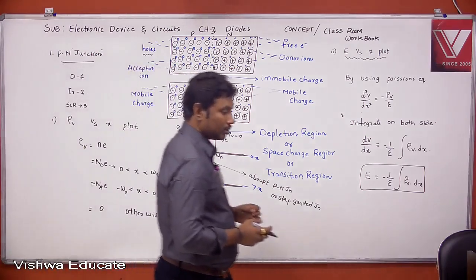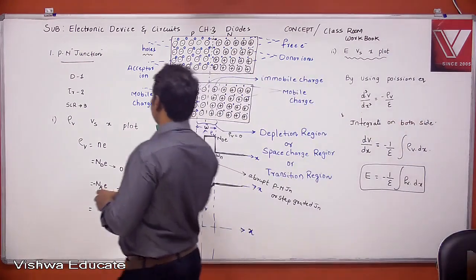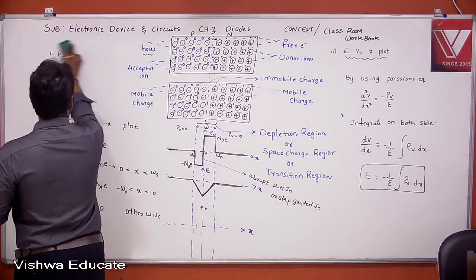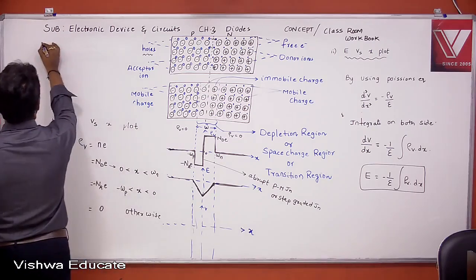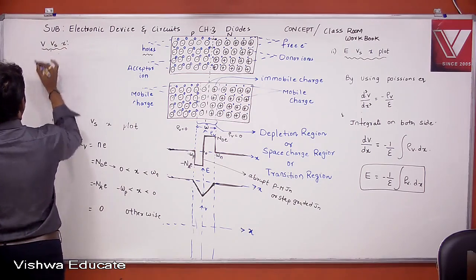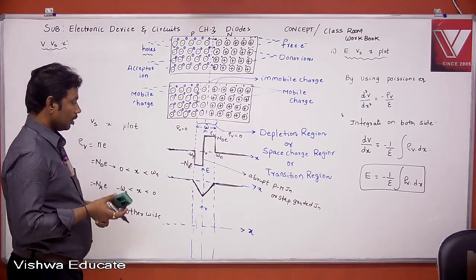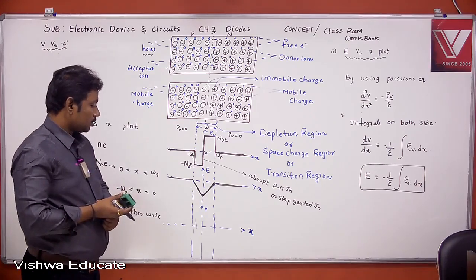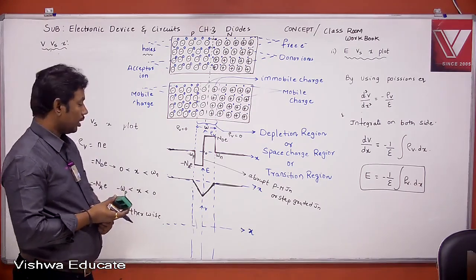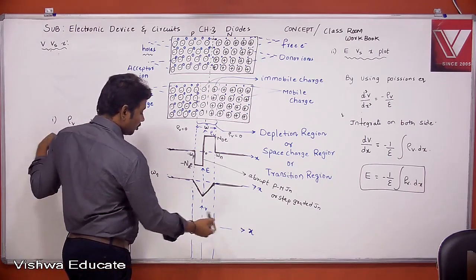And the next topic, potential versus distance plot. Outside the depletion region, what will be the potential?